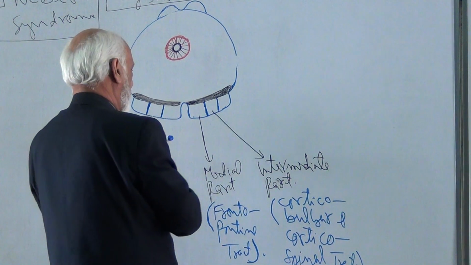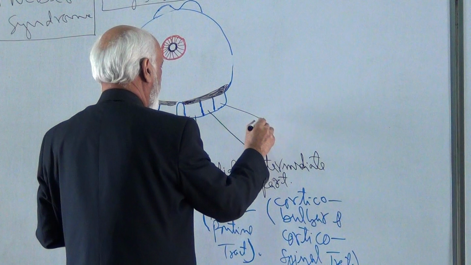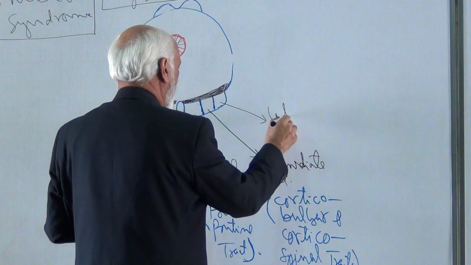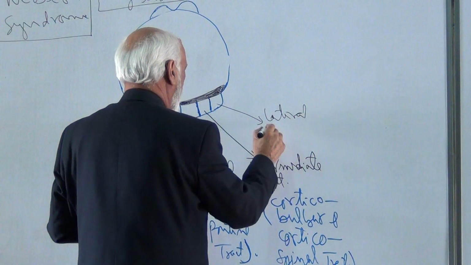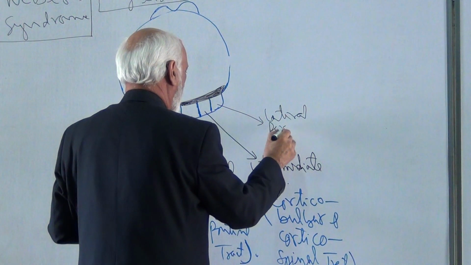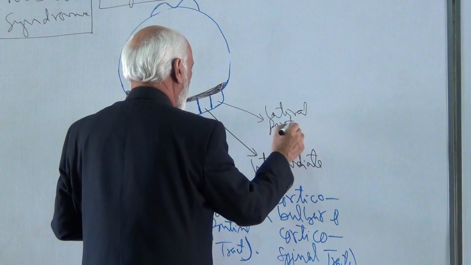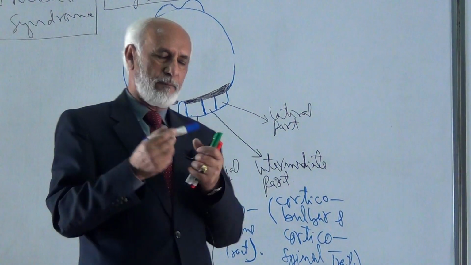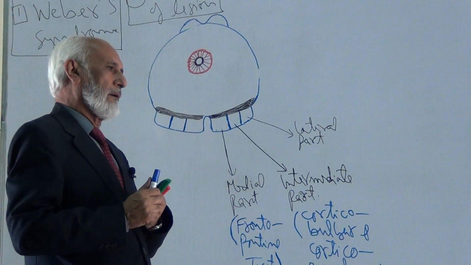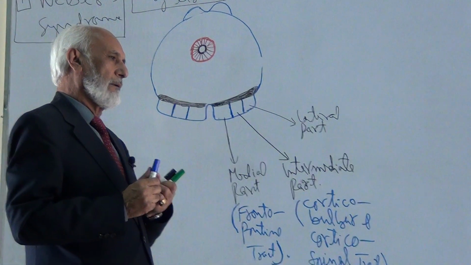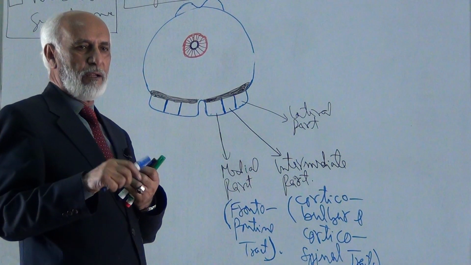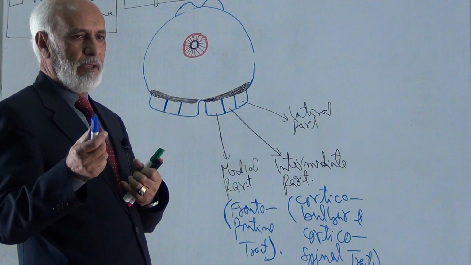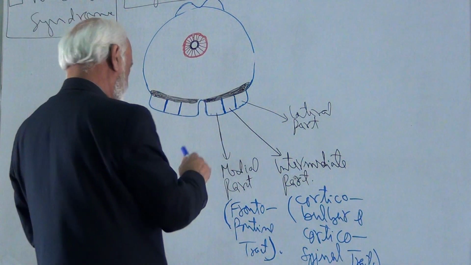And this is the lateral part of the crus cerebri, occupied by the parietopontine, occipitopontine, and temporopontine tracts.